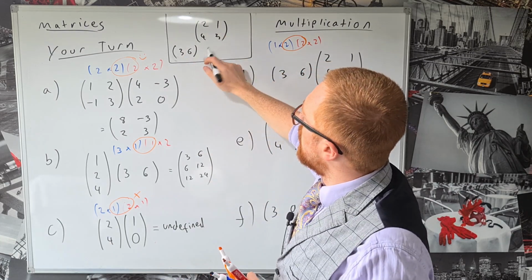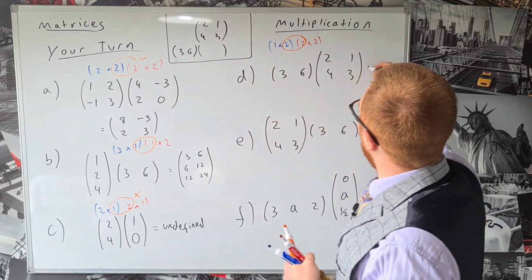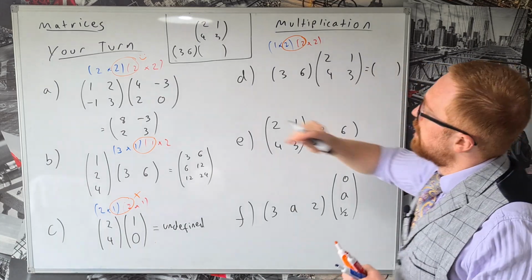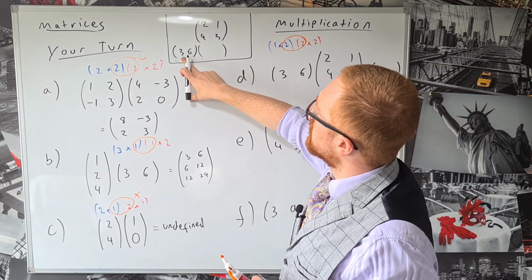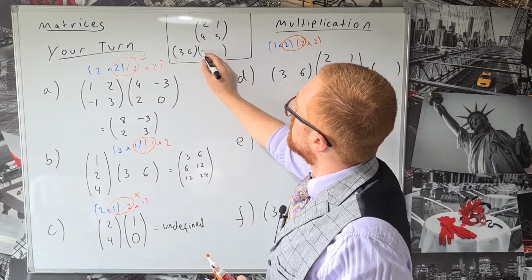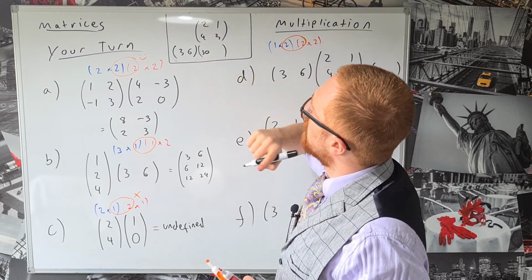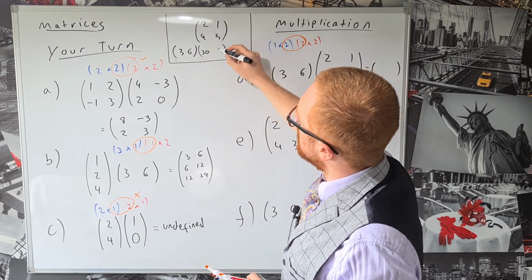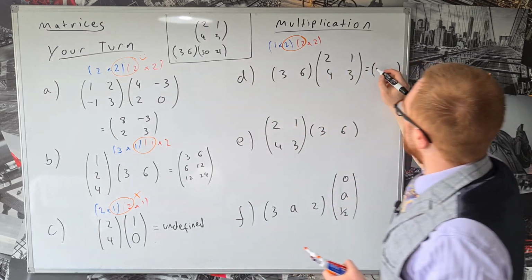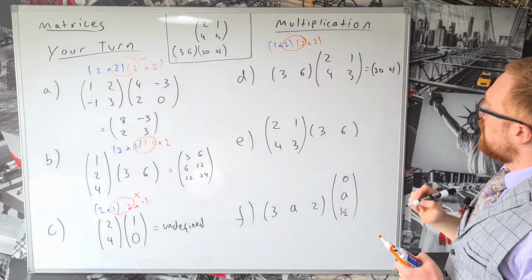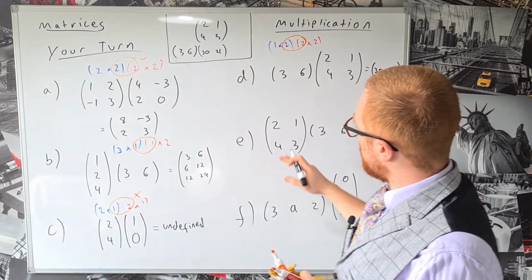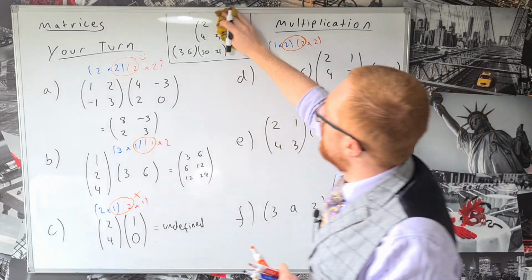So it's going to be a 1 by 2 matrix here. Let's work it out. 2 times 3 is 6. 6 times 4 is 24. So that gives me 30. 3 times 1 is 3, 6 times 3 is 18, so that gives me 21. Perfect.